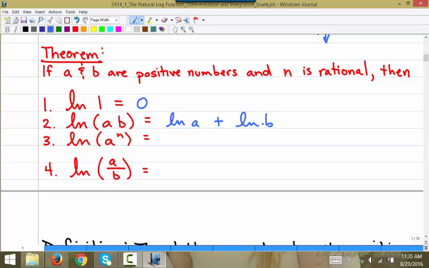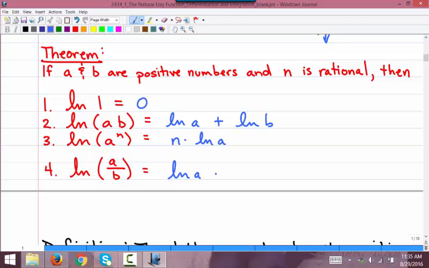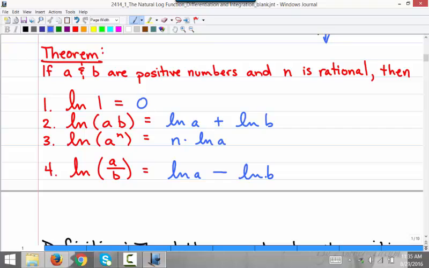The natural log of a raised to the n power, that power can sprout legs and walk out front, so you get n times ln of a. The natural log of a quotient, natural log of a divided by b, you can also split that up as ln of a minus ln of b. Those are college algebra, algebra 2 from high school properties. We're going to use them.